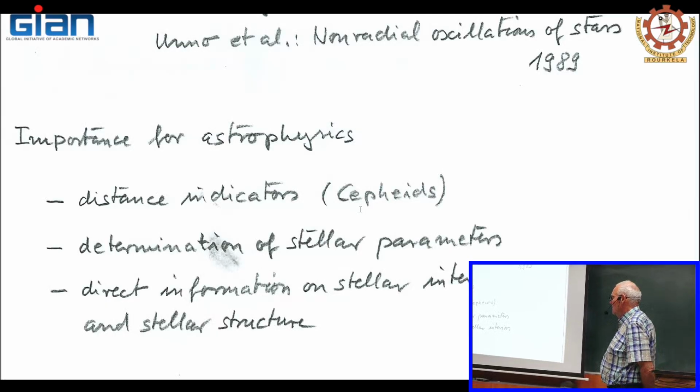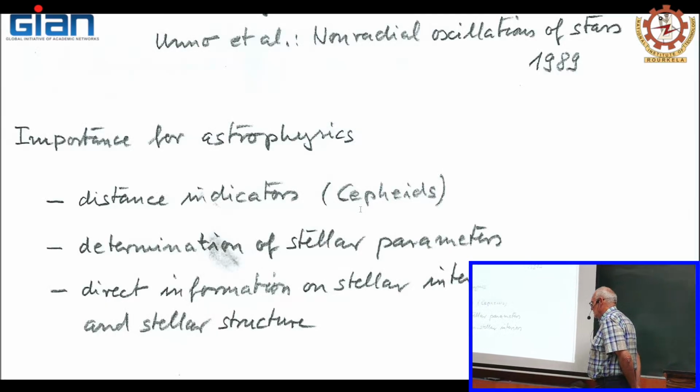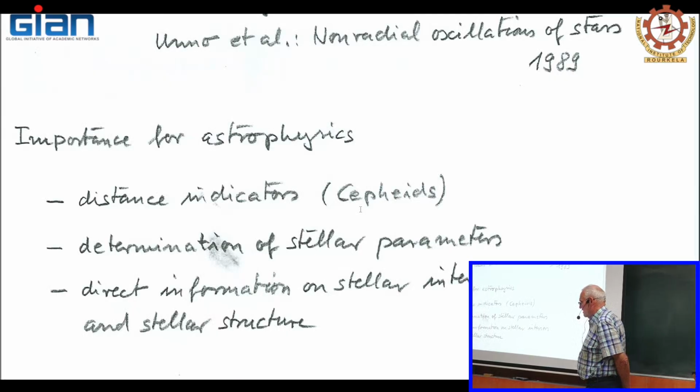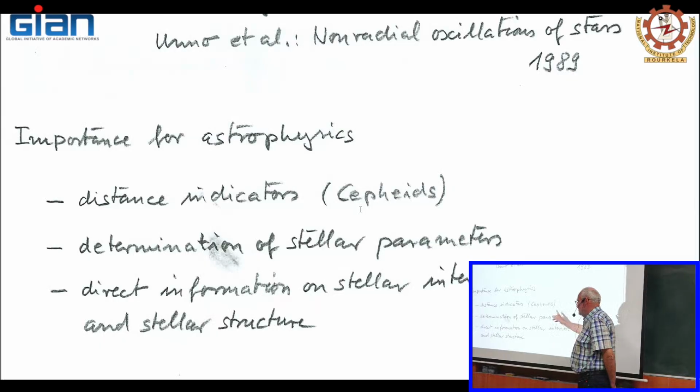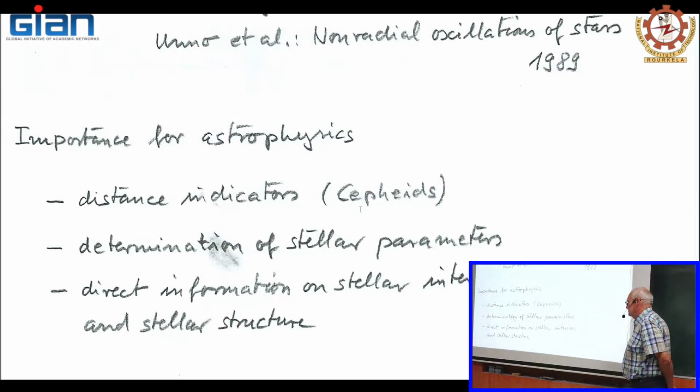which have been done by astronomers, and the prominent group of stars which can be used to measure distances are the classical pulsators, the Cepheids.